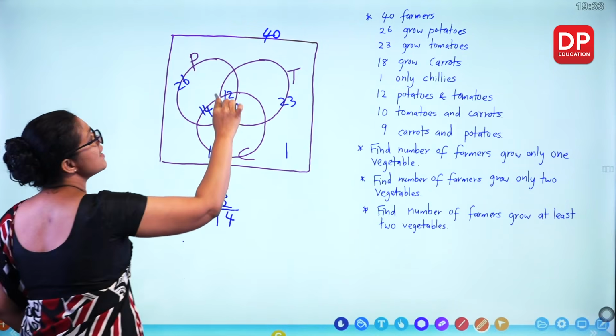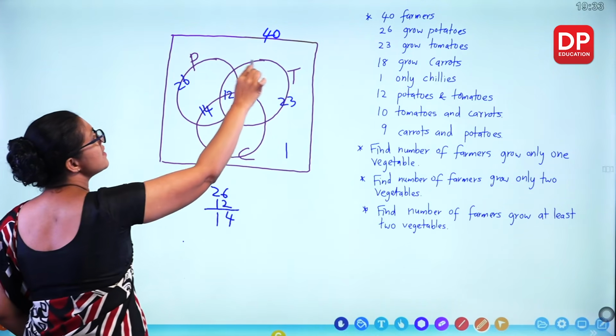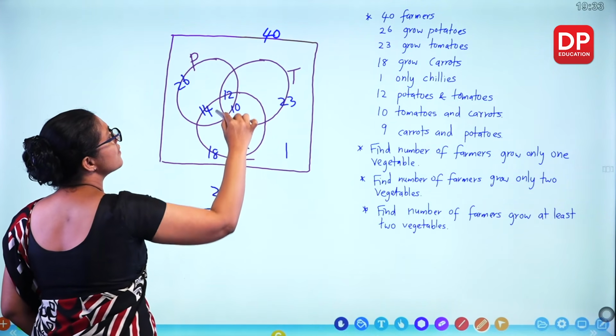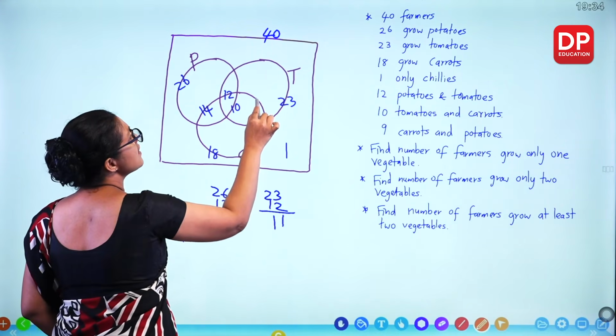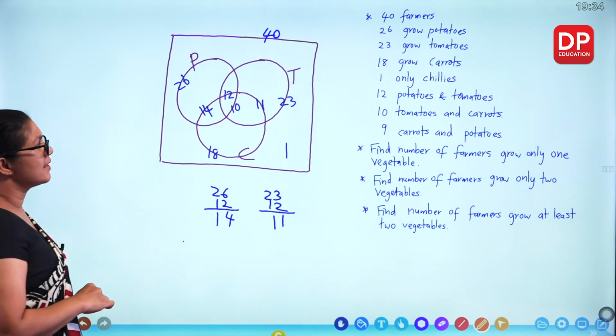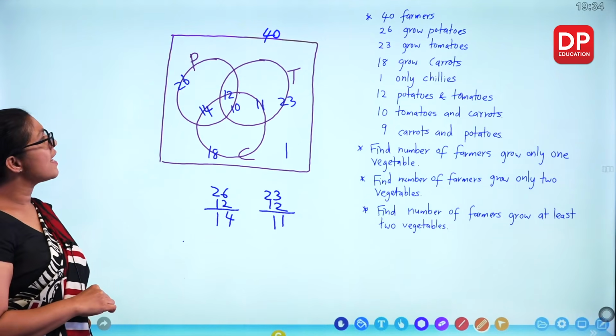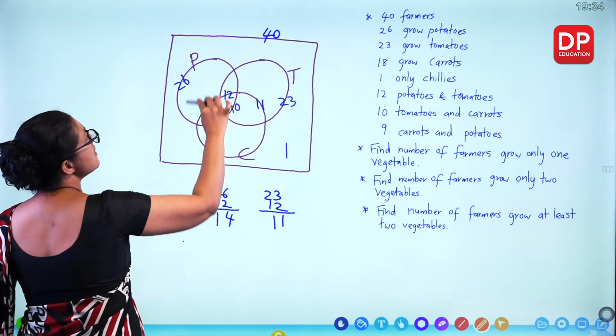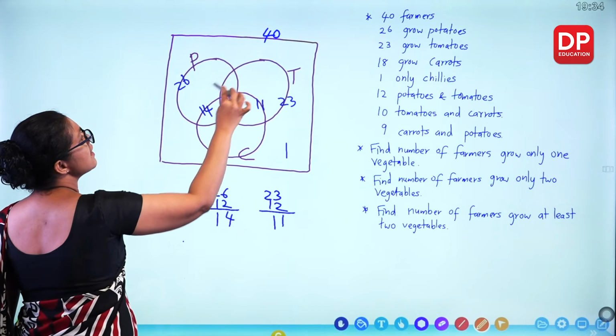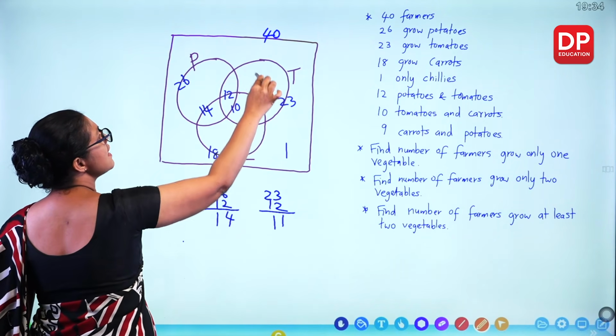What about this side? This whole circle is 23. This is 12. 23 minus 12, you get 11. Now, what's the other part you can fill? Now look carefully at this one. This part is 14. This is 12 and this is 11.